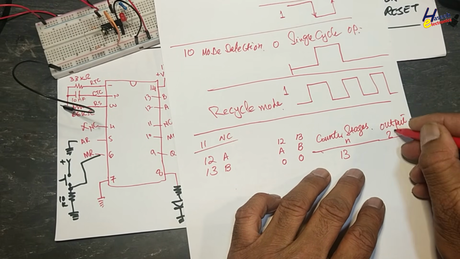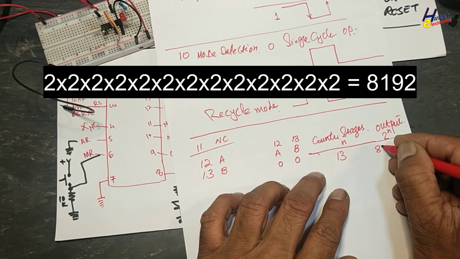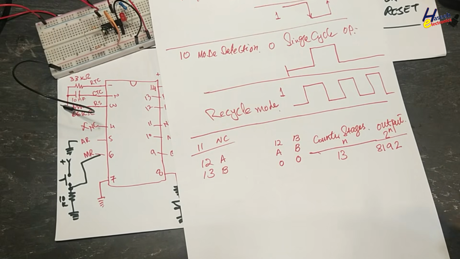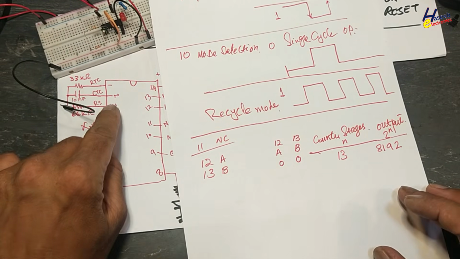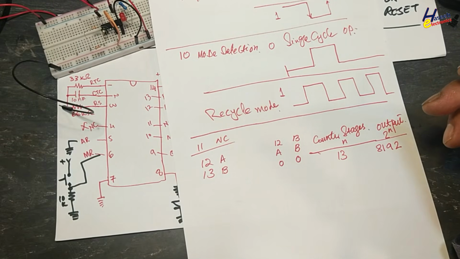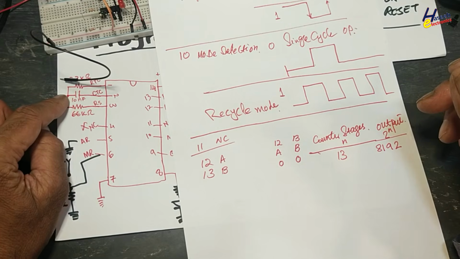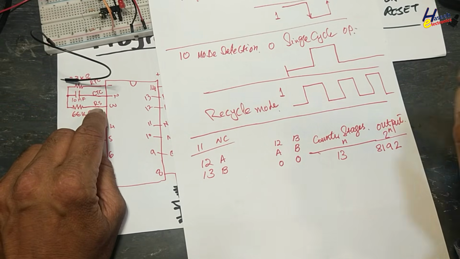Output 2^n. This method will be used. It will divide frequency by 8192. That means if we provide 1 Hz frequency at pin number 3, yes, one other thing. If we don't want to use these components, we will use an external signal connected at pin number 3.